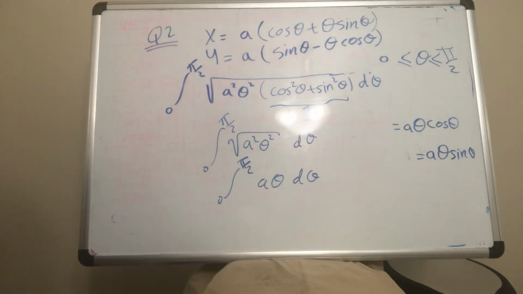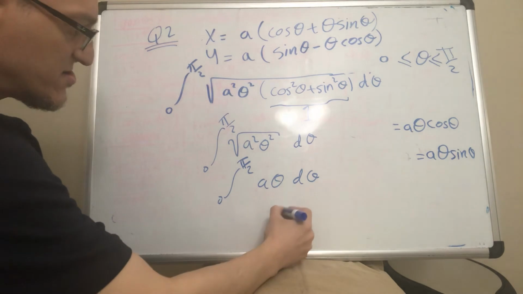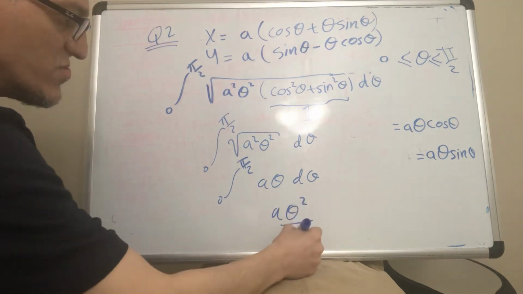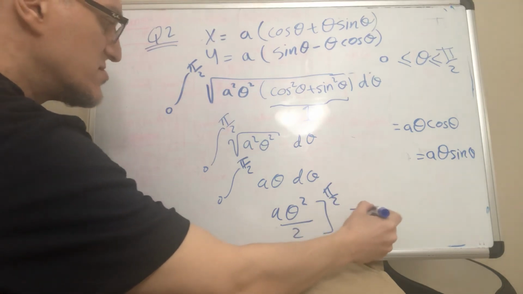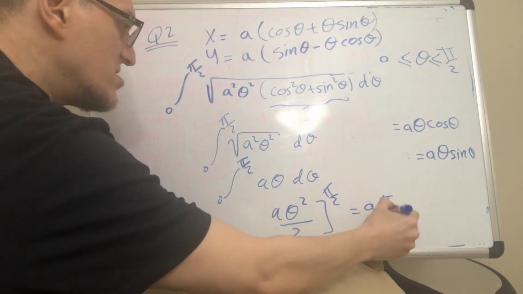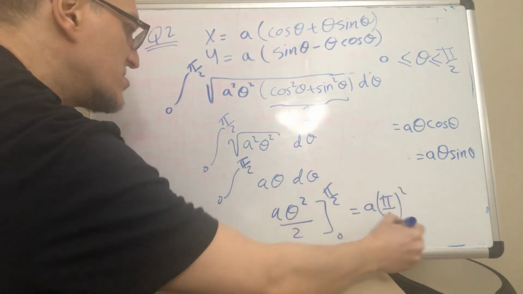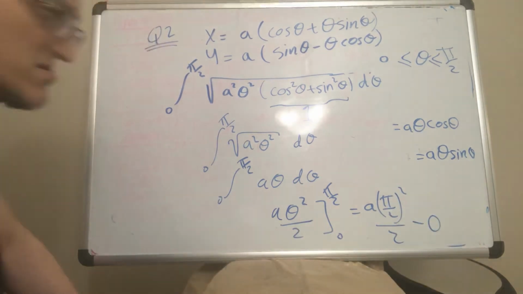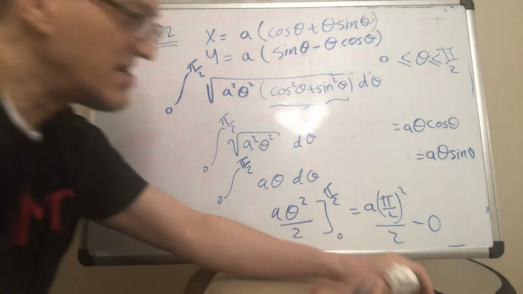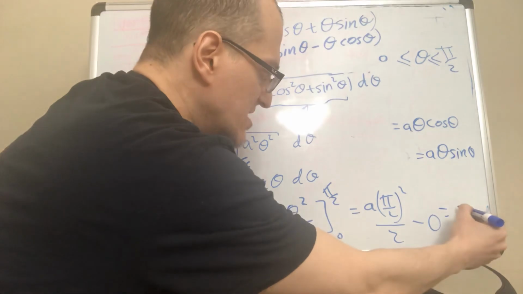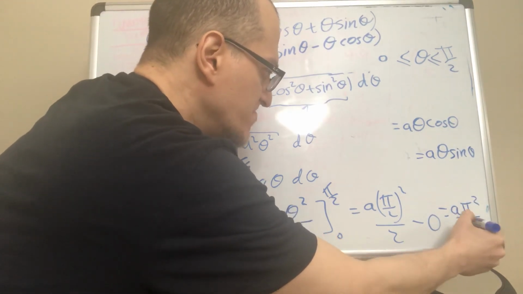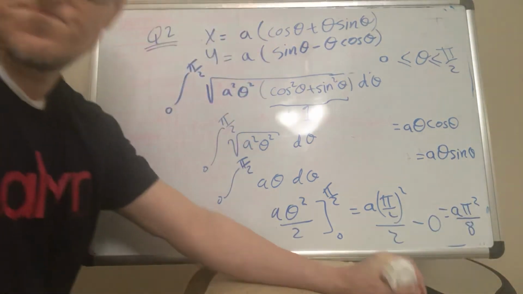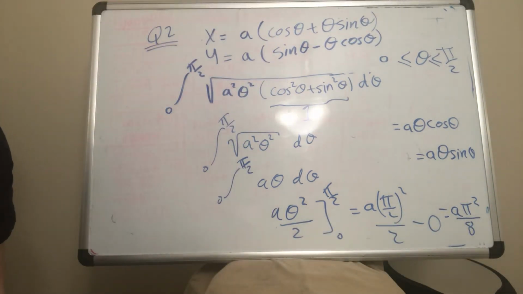So that's what you're actually integrating, and the integral would be a theta squared over 2. You plug in 0 and pi over 2, so it would be a times pi over 2 squared over 2 minus 0. That's the answer. And if you want to write it in a good way, that would be a pi squared over 8.